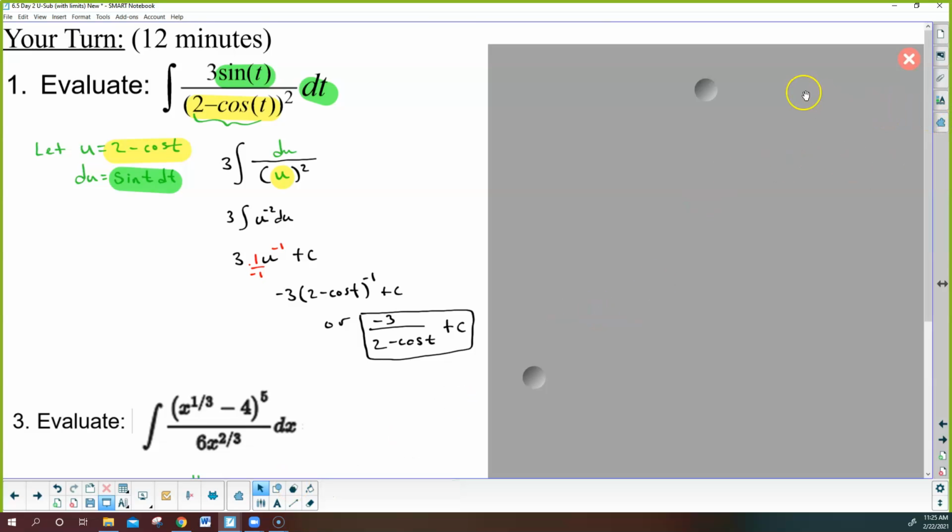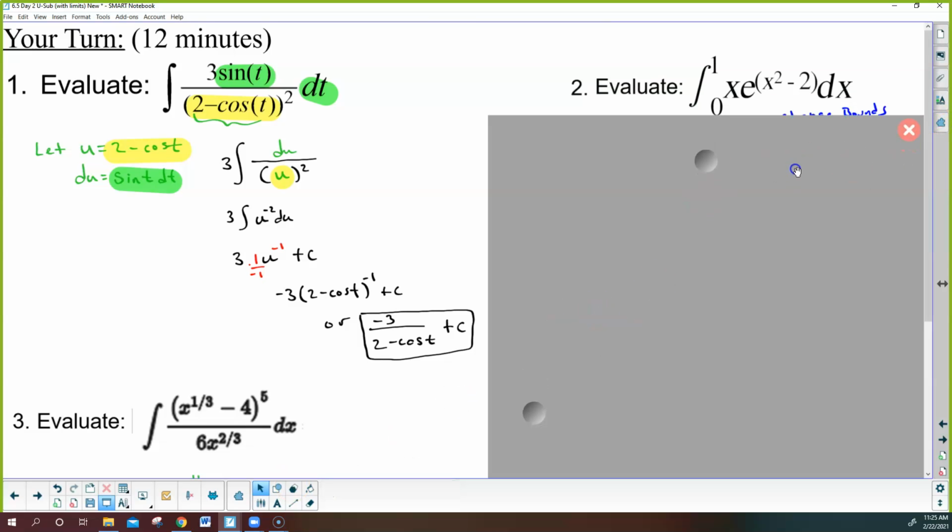Okay, let's look at problem number 2. Now this one right away, hopefully you're seeing bounds. The other thing I hope you see is, okay, I've got a more complicated problem, so I have to do u substitution. And what we usually look for is, is there an inner function?